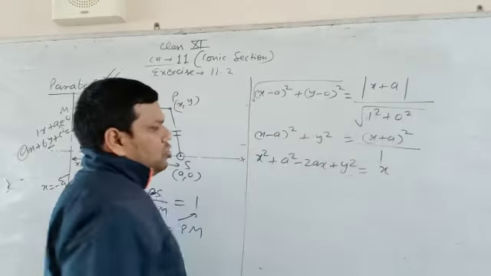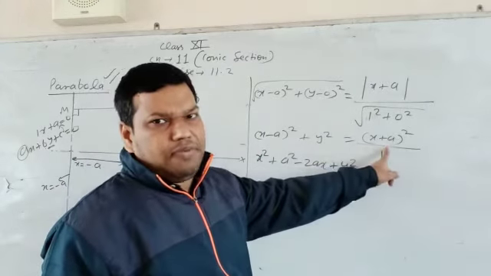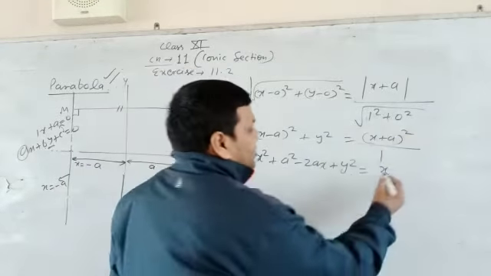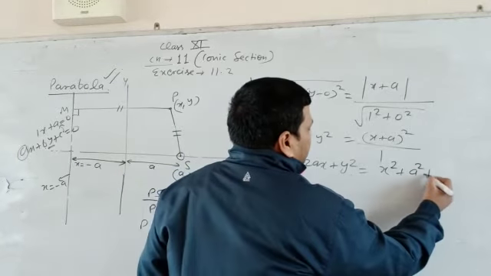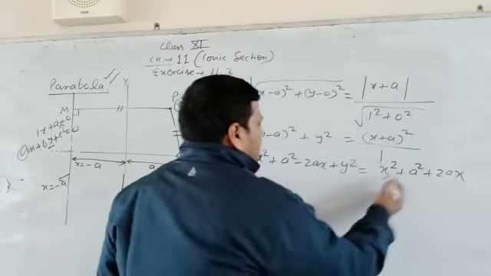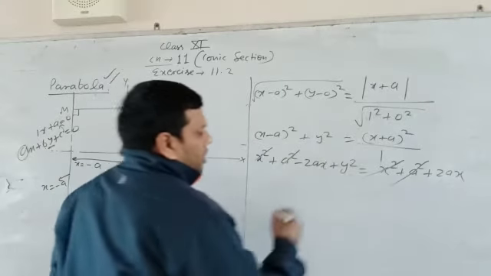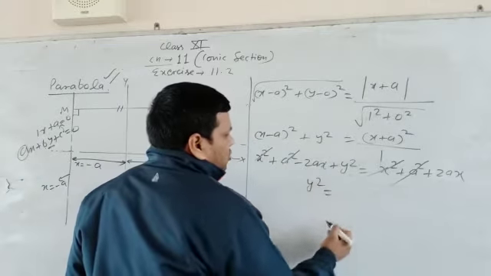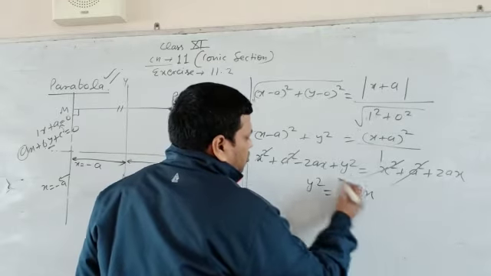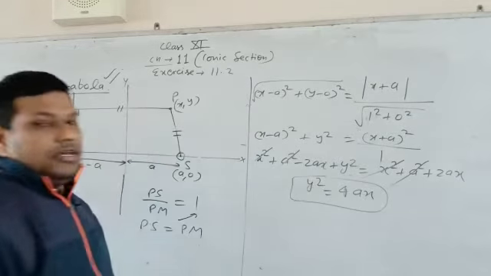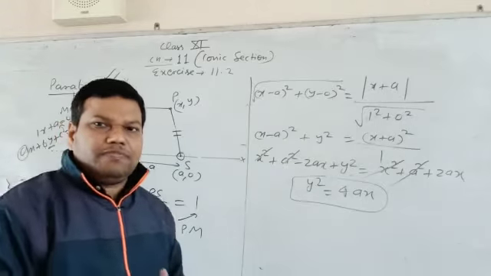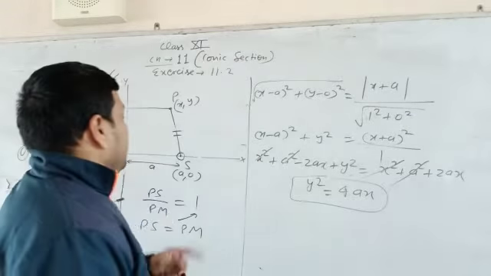Here also you can put the formula (a plus b) whole square, that is x square plus a square plus 2ax. Now you can cancel out these two. You can have y square is equal to 4ax, right? This is the equation for parabola, right?